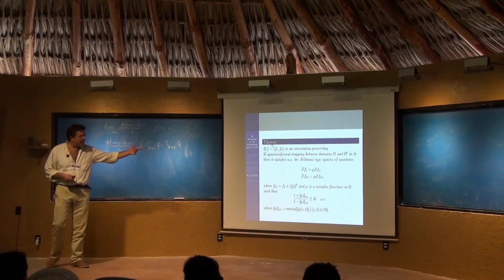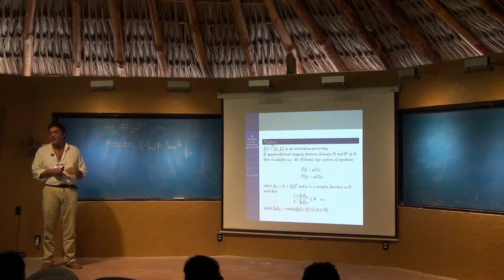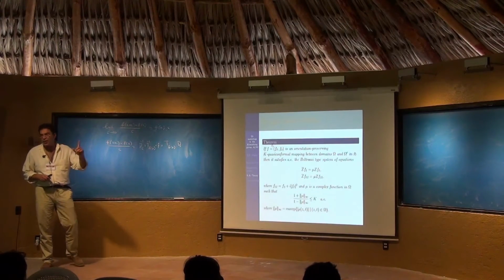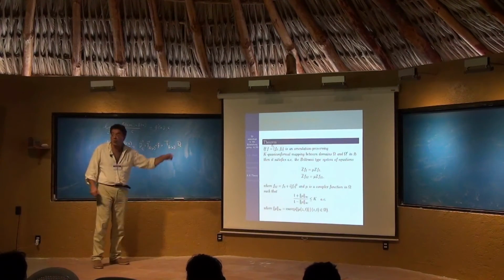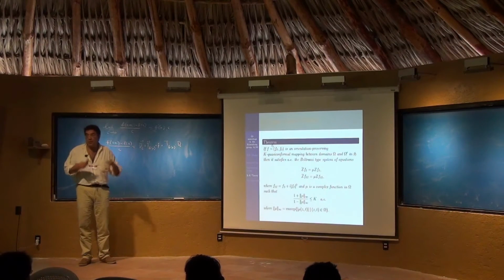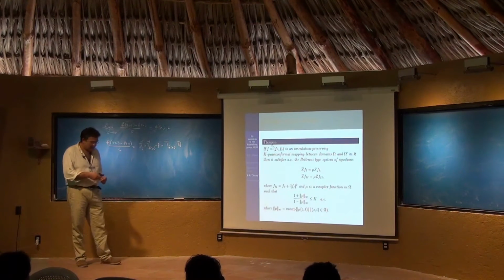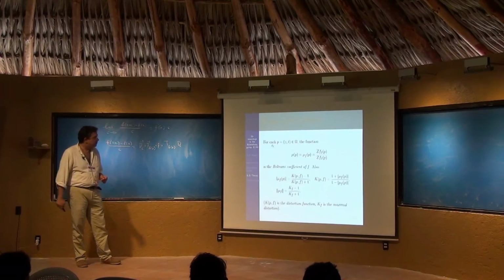And the Beltrami system is defined like this. It's not looking very good. It would be nice if you only had just the first one. But unfortunately, this is what happens.